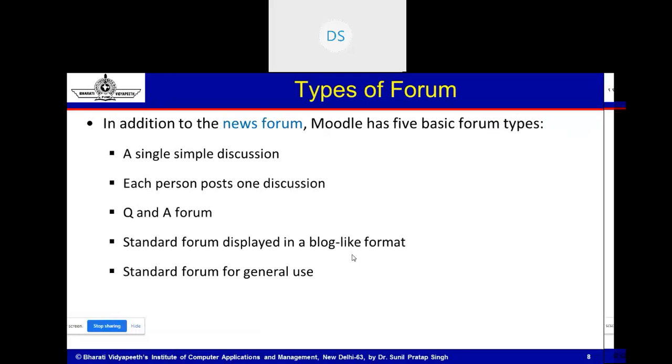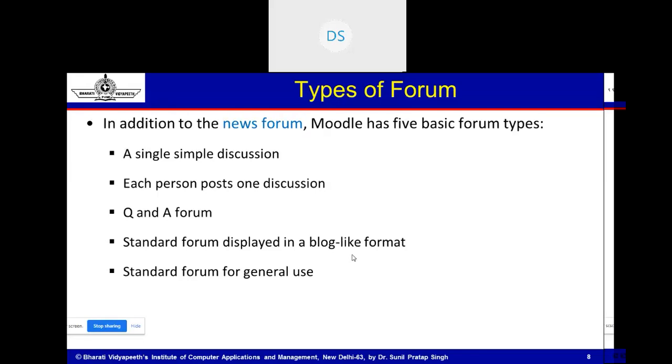Forums have different types. A single simple discussion, each person posts one discussion, Q&A forum, and standard forum for general use. I think the meaning of all types of forum is clear by their name.